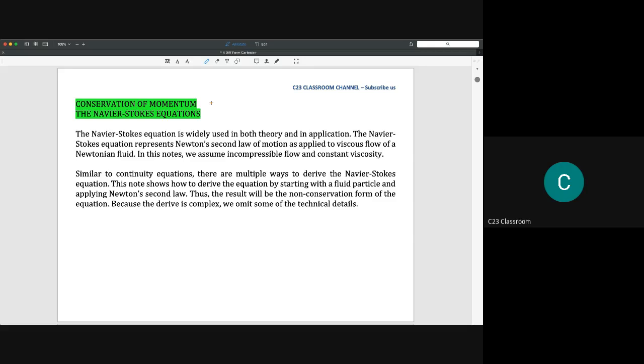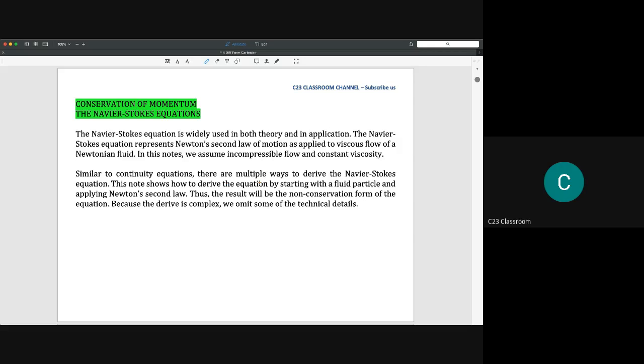So as you know, when something moves, it will create force, because force is related to momentum, with F equal to ma, and so on and so forth. Okay, so the Navier-Stokes equation is widely used in fluid flow.